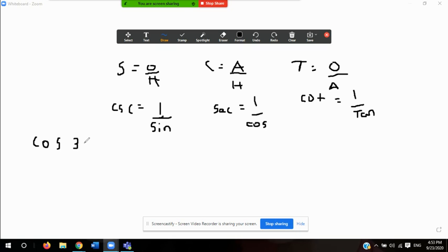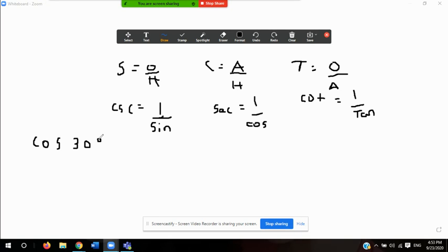Now, when we round, we have to take into account that we use our rules of rounding. So if I look at the cosine of 30 and I go into a calculator, a scientific calculator, there's a key that says cos. You can use your calculator on your phone, or you can use an app, or you can actually get a calculator. And you have a key that says sine, cosine, and tangent.